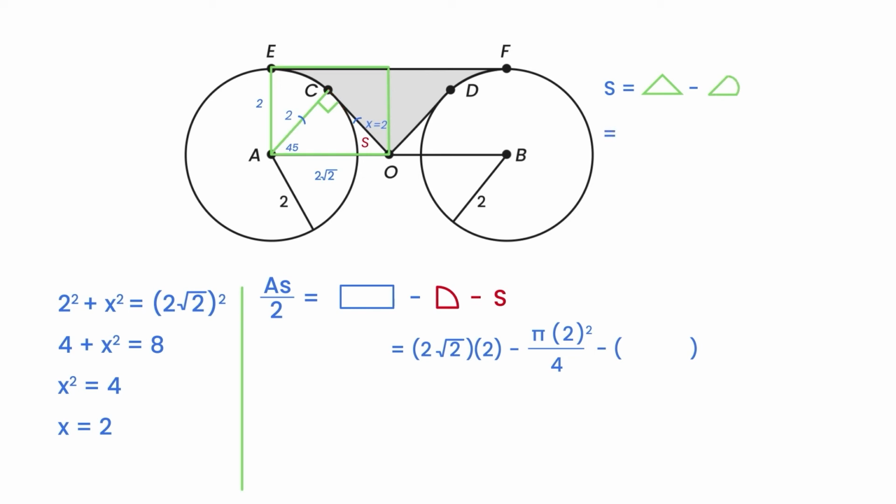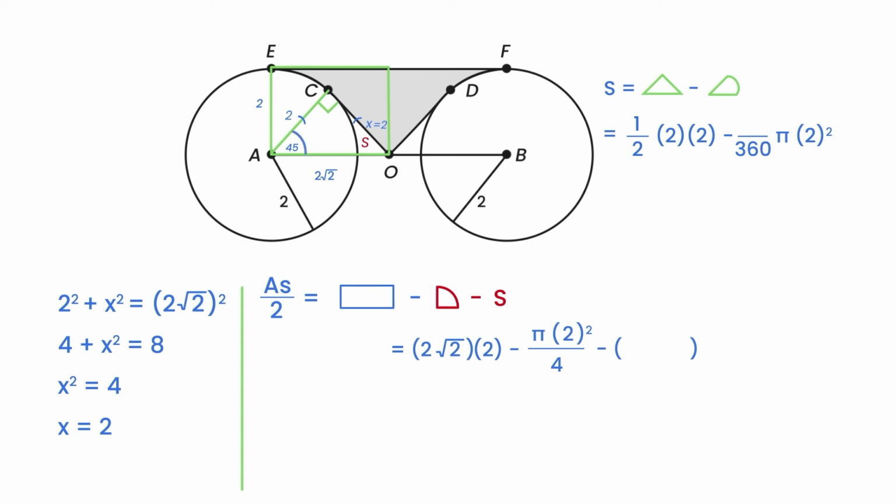Area of the triangle, well, that's just 1/2 base times height. I can use this as the base and that as the height. Both of those distances are 2. So it's 1/2 times 2 times 2. The pie segment is basically a fraction of the total circle. Well, the total circle is pi r squared, where r is 2. But what fraction? The full length is 360 degrees all the way around.